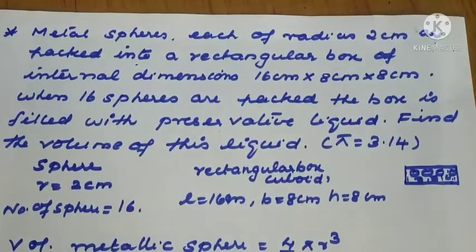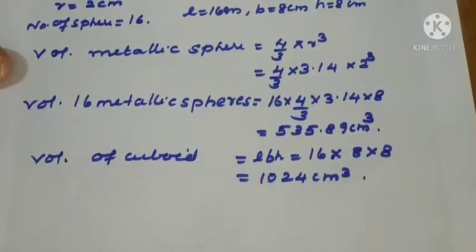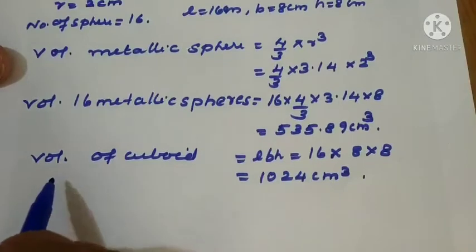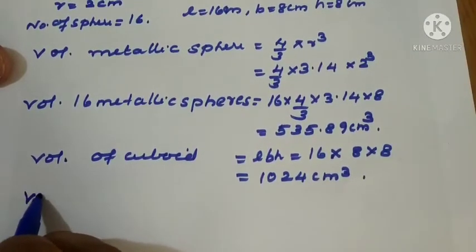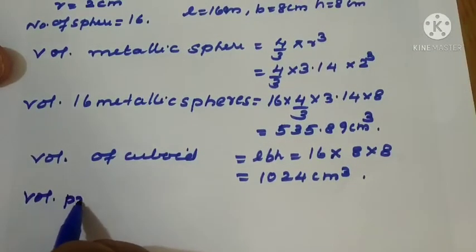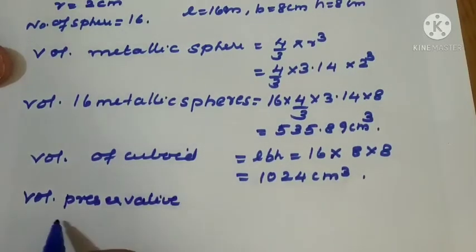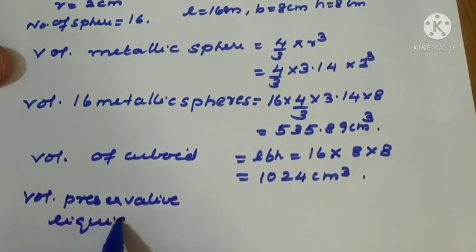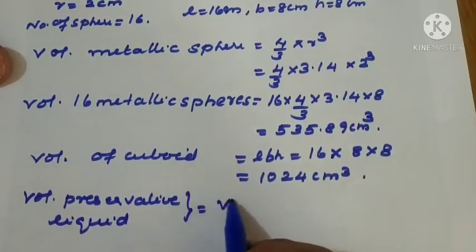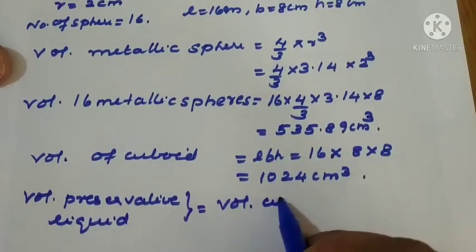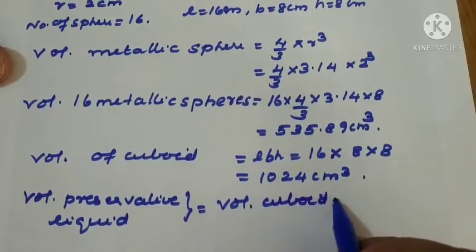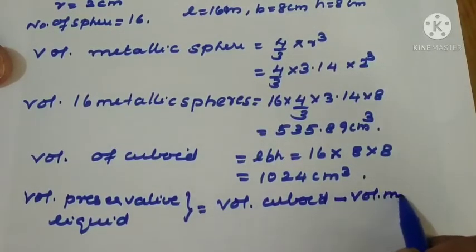Now what is the one more we have calculated? Volume of the cuboid also we have calculated. So for getting the preservative liquid, volume of the preservative liquid means volume of the cuboid minus volume of the metallic spheres.